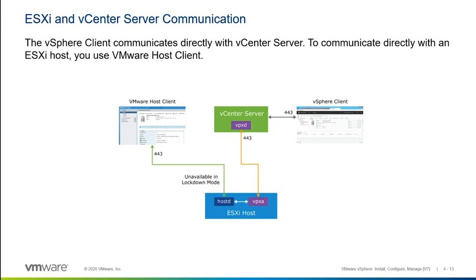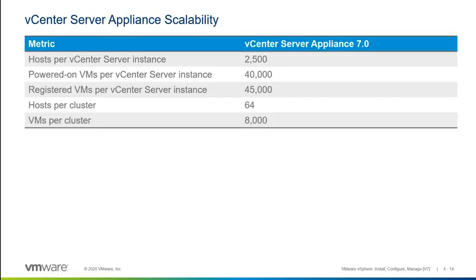Also know that if you're using lockdown mode, and you can do this a little bit later on when you tell ESXi, hey, don't allow anybody to communicate with me except vCenter server, then the host client becomes disabled, and SSH directly with an ESXi host becomes disabled, and vCenter is the only system that can communicate with a particular ESXi host.